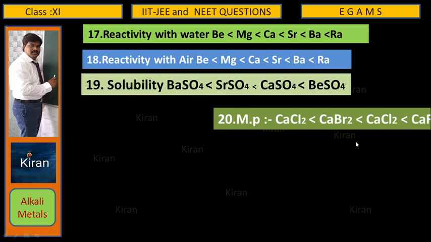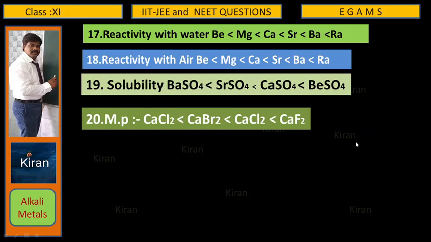Melting points with respect to the halogen atomic size: chlorine, bromine are there, calcium chloride, calcium bromide and calcium iodide, CaI2 and CaF2. Here the atomic size is less. The lower the atomic size of the anion, the higher the melting point, because the internuclear attraction is high between Ca 2+ and F-. This is the more electronegative element compared with bromine and iodine.